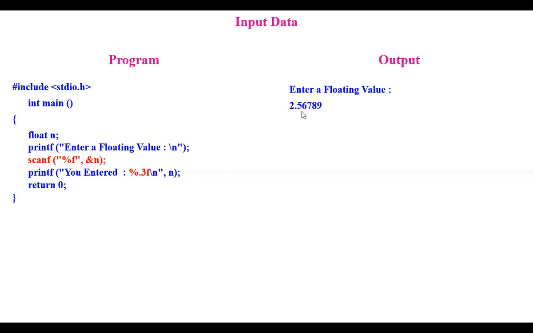I have entered 2.56789, so 5 decimal places are there. But I want only 3 decimal places, that's why it is showing only 3 decimal places. It is rounding off the 3rd decimal place because the next digit, 8, is bigger than 5. This 7 becomes 8, and 5, 6, 8 are displayed. Like this, the output will be displayed.